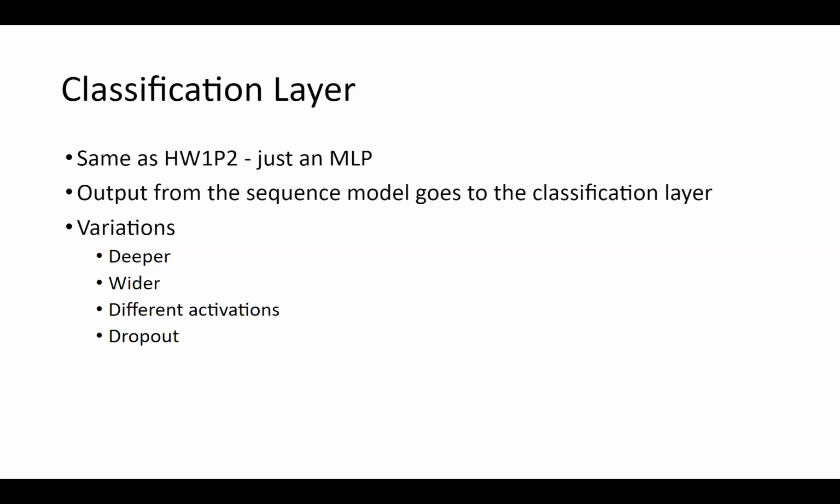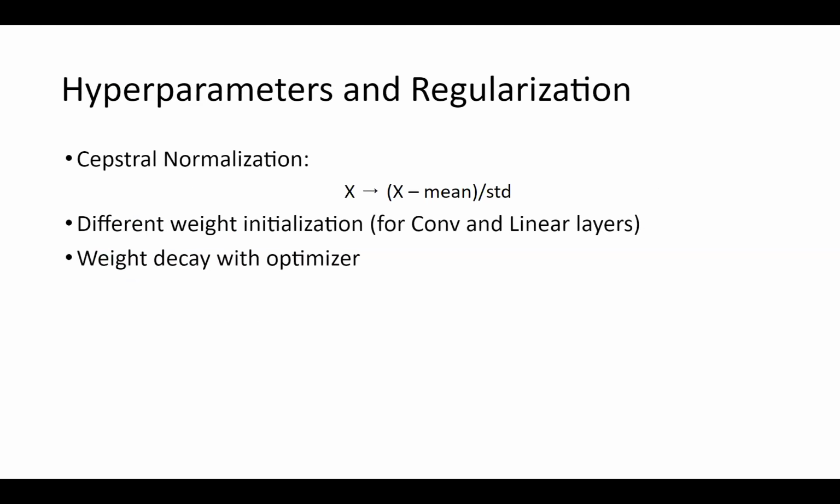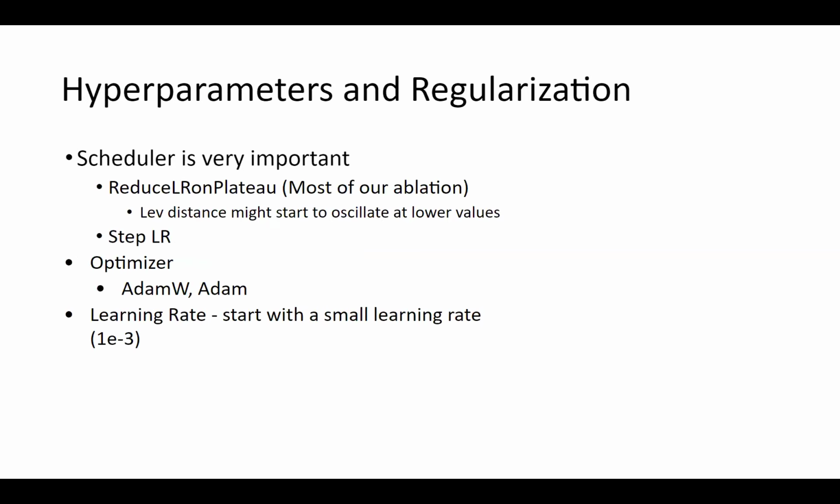Another thing is that maybe you can consider doing cepstral normalization, and also experiment with different weight initializations for both the convolution and linear layers. You can also experiment with the scheduler.